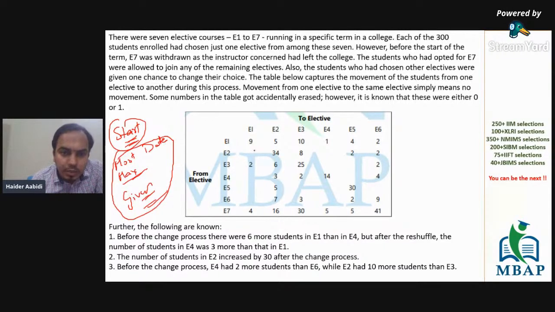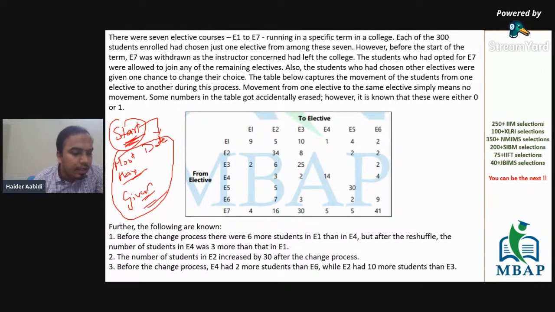If you see here, in E1 all the numbers are given, and in E7 all the numbers are given, row wise. Column wise, E2 is where you have all the data given to you. So to identify the starting point, always take it this way: wherever you have the maximum data given to you, you should start from there.